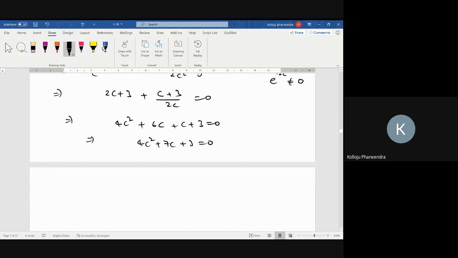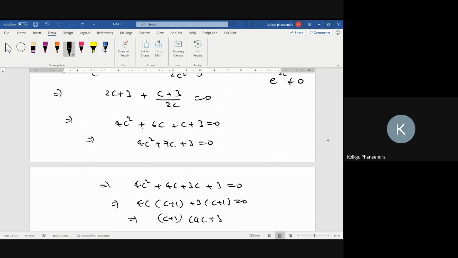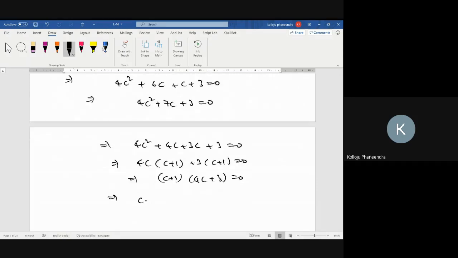This is 12 and 3. Factorization: 4c plus 3, c plus 1. So c plus 1 into 4c plus 3 equals 0. So what are the values of c? c equal to minus 1 or c equal to minus 3 by 4.